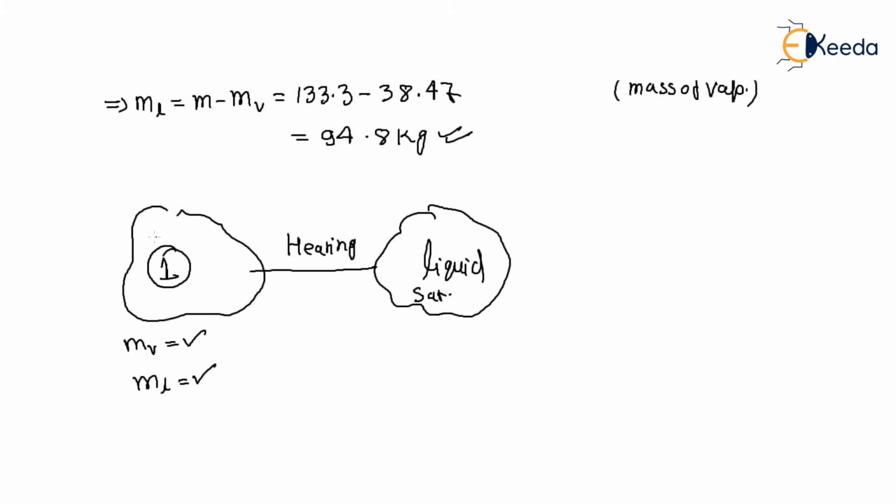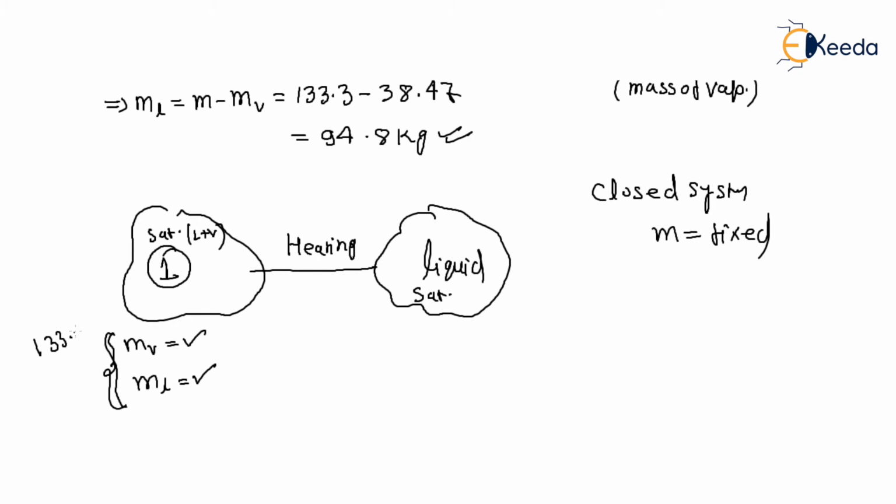This is your saturated liquid plus vapor, and this is saturated liquid. So what is the total? Because there is a closed system, mass is fixed. So what is the total mass? 133.3 kg. And if you are heating, the same mass, 133.3 kg.